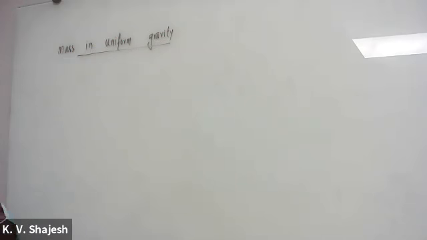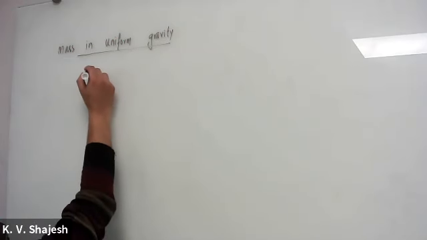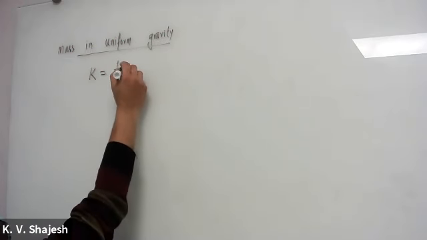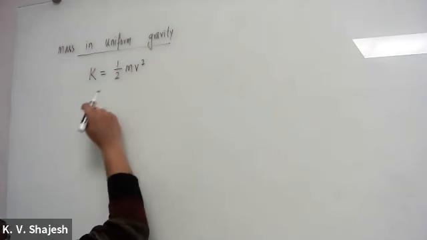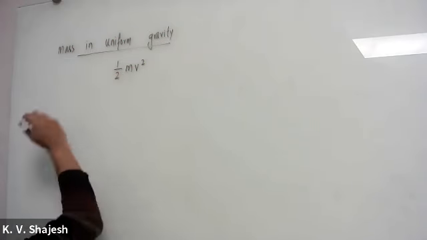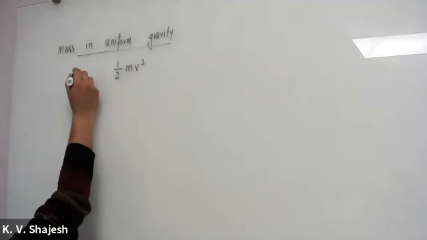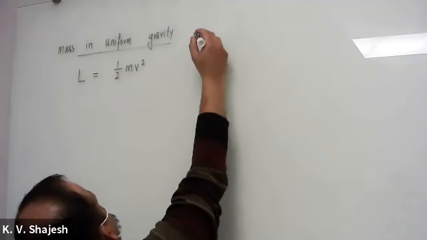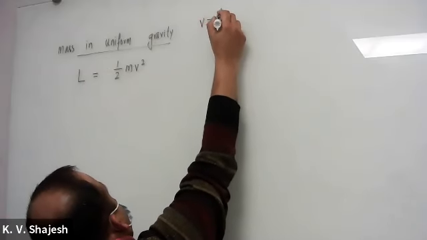Kinetic energy is half mv squared. Let me say K is equal to half mv squared, and let me just straight away write the Lagrangian. So the Lagrangian L is equal to half mv squared, where v is dz by dt.